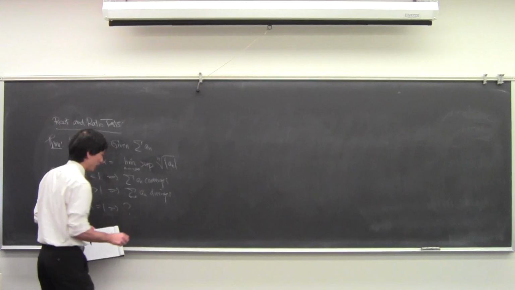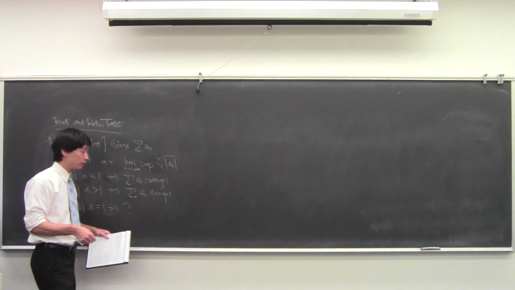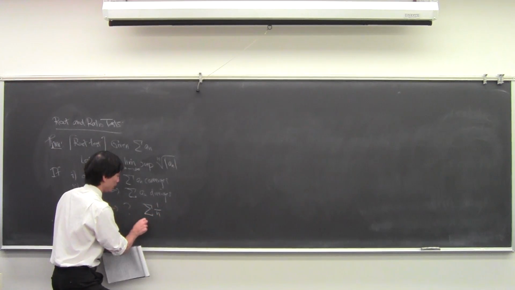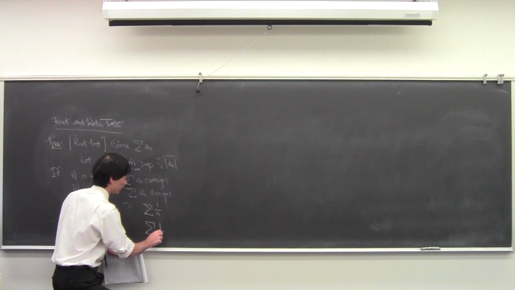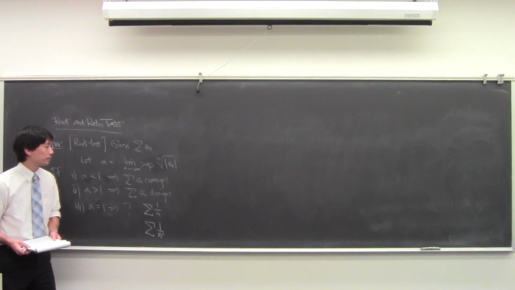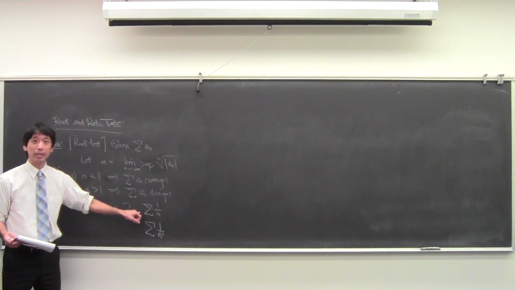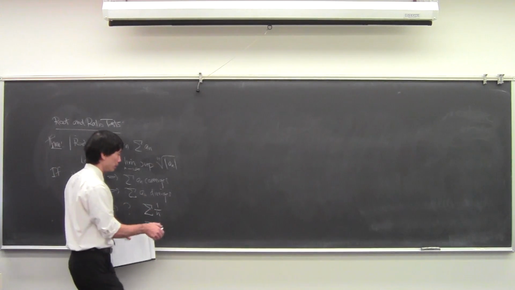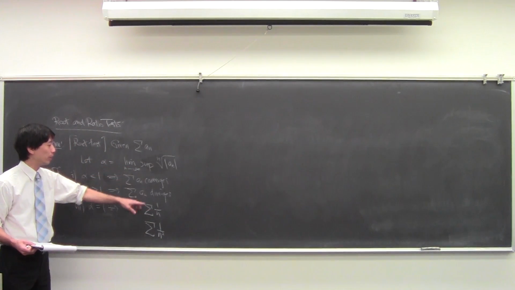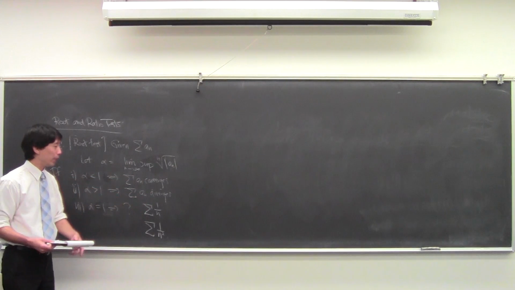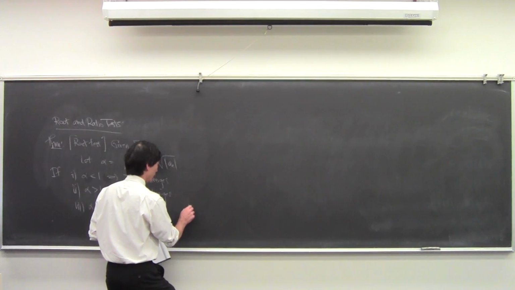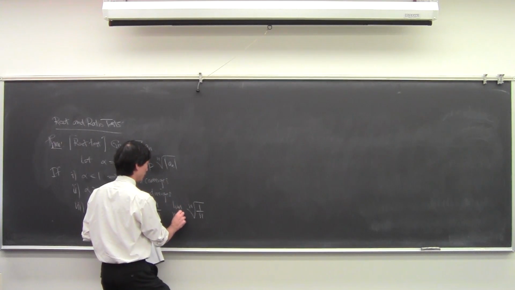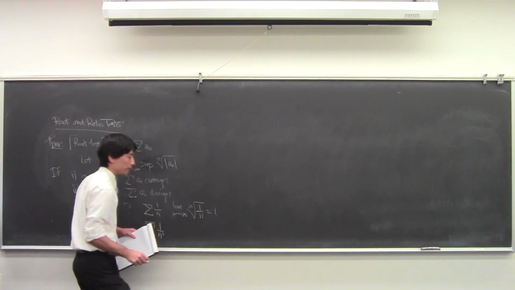And just like back in Calculus 2, the examples that show this are these two series. If you apply the root test to this guy, you see that the lim sup of the nth root of 1 over n, as n goes to infinity, this limit actually exists, and it's 1.